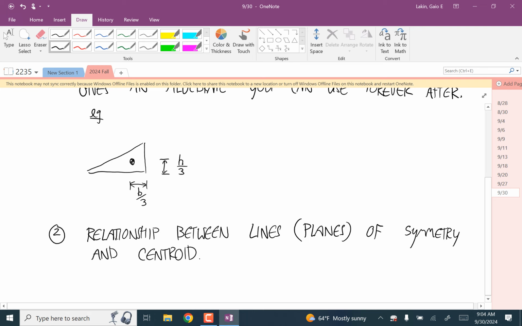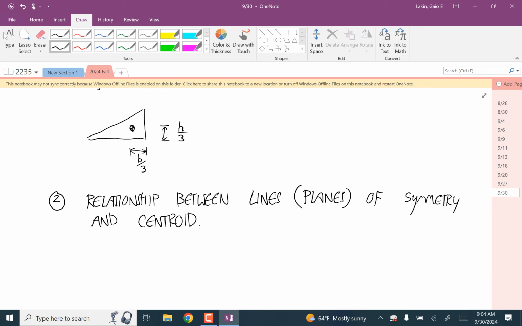So I'll talk about that today, and then that just says that if you have highly symmetric bodies, you don't have to do a calculation in the first place. You don't even need an algebraic formula.